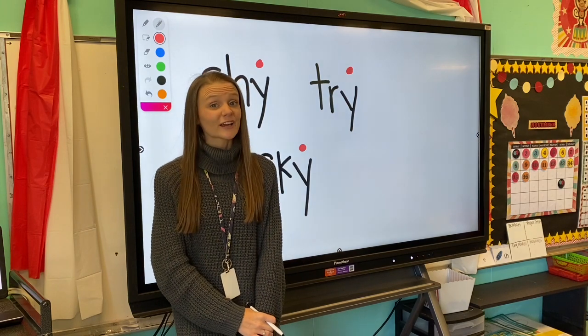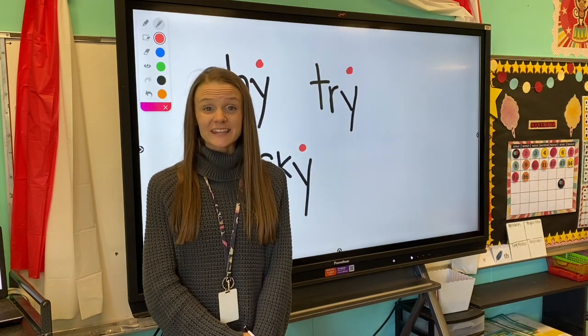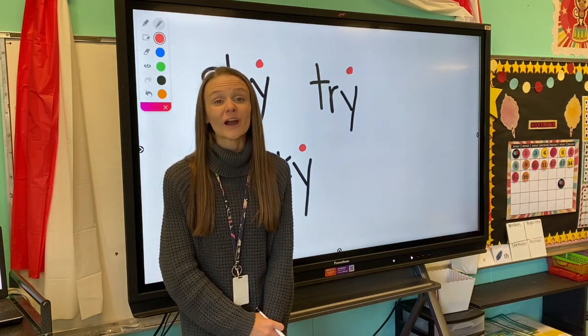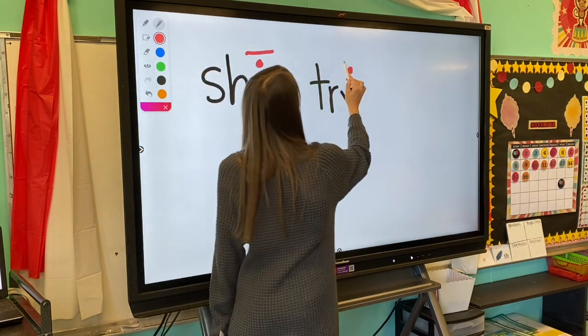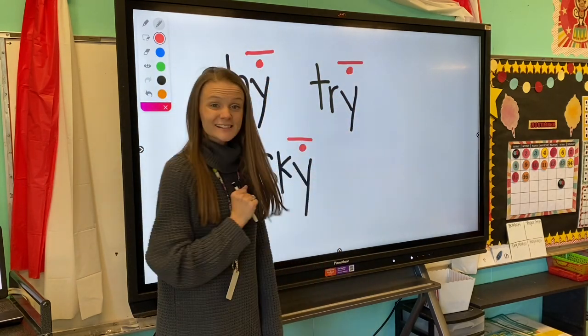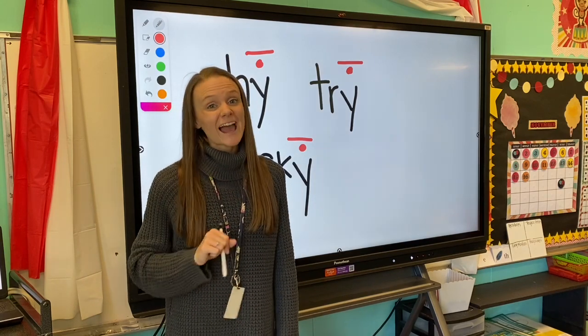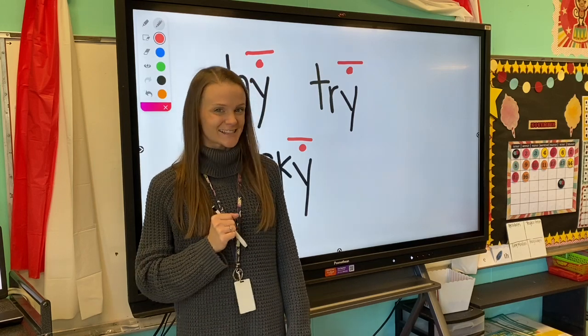I'm also going to code them with the long symbol because they're not making the short I sound, they're making the long I sound. So I'm going to put a long line above each of my dots. And that is how we code letter Y when it's acting as a vowel, making the long I sound.